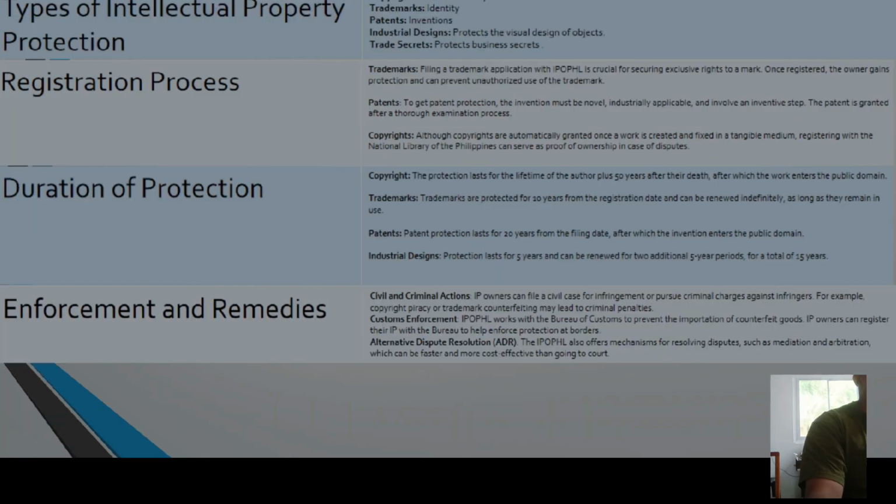When it comes to enforcement and remedies, through civil and criminal actions, the intellectual property owners can file a civil case for infringement or pursue criminal charges against individuals who try to copy or imitate what you have made as an organization or as an individual. There might come an instance that there is counterfeit.